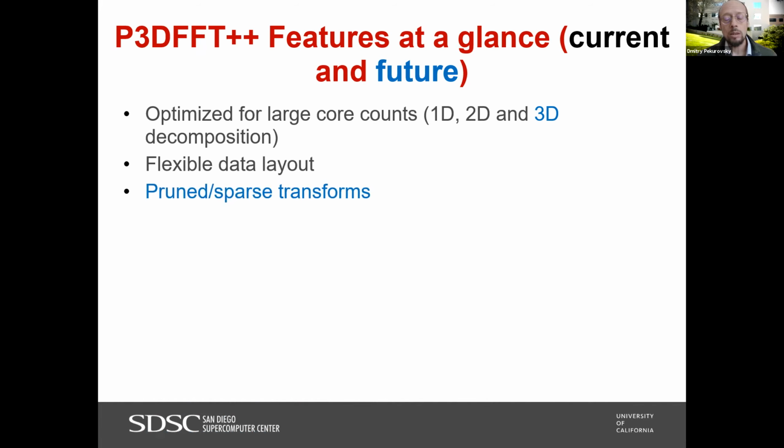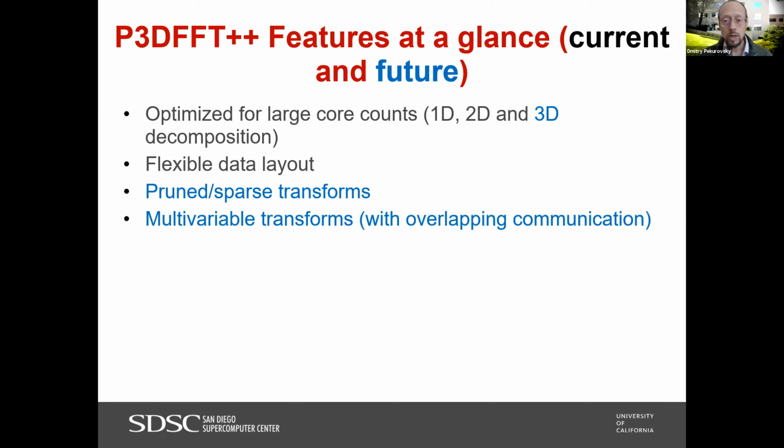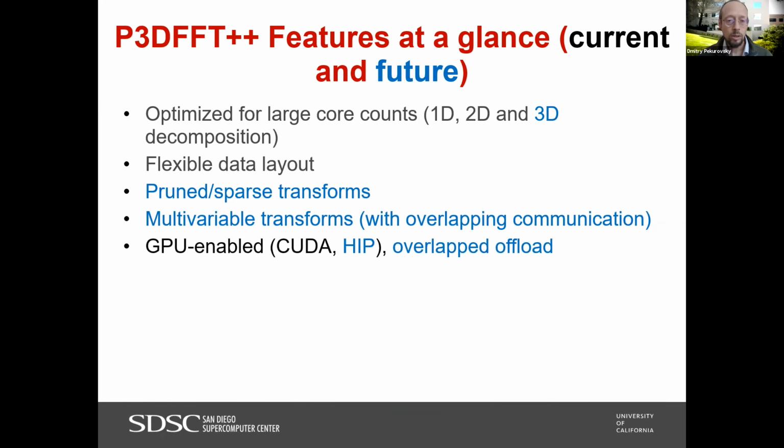We are working on having pruned transforms capability, multivariable transforms with overlapping communication with computation. It is GPU enabled. Currently, it's CUDA. In the future, we will also implement an interface that will enable it to run on AMD GPUs without loss of generality. And this will also include the overlap offload.